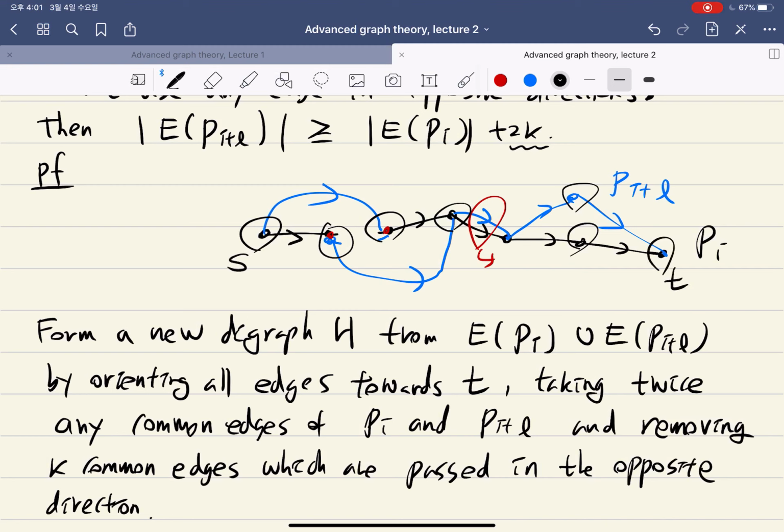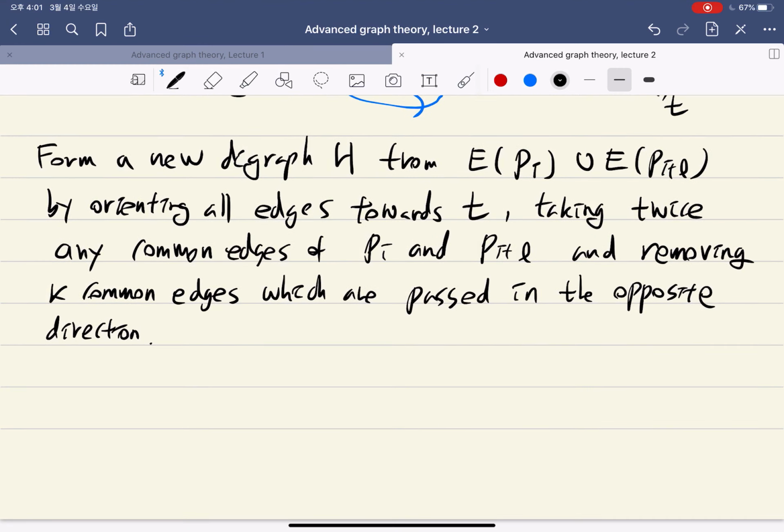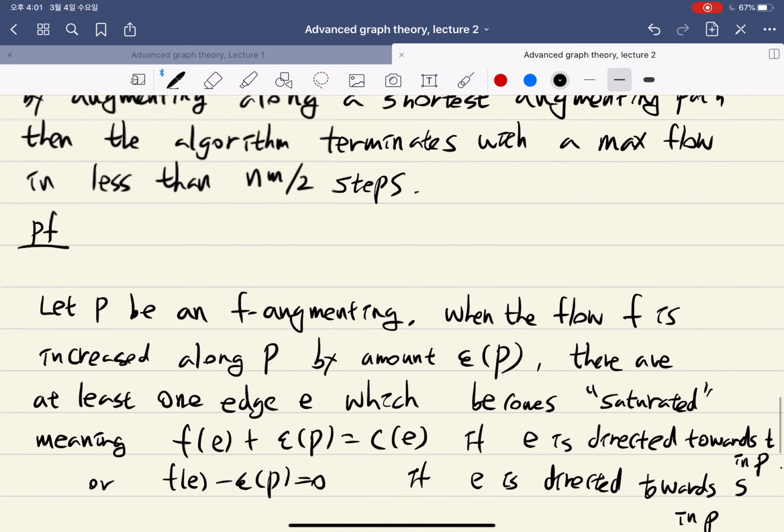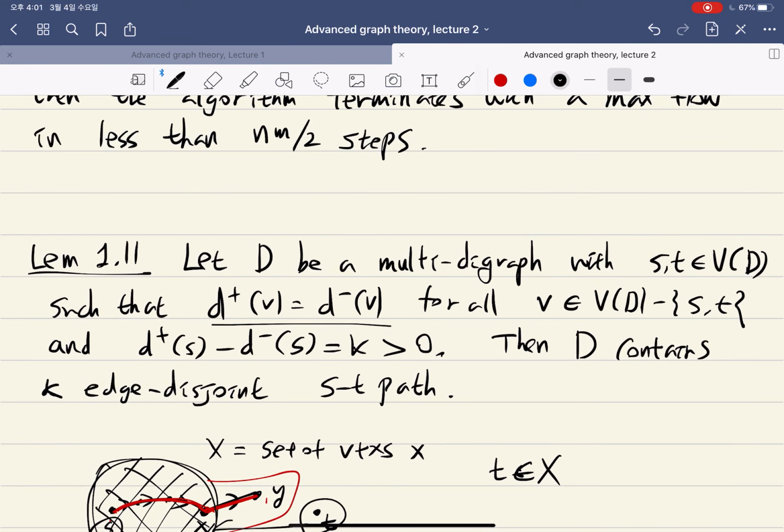On T, its in-degree is bigger than out-degree by 2. So we may use Lemma 1.11 because all the internal vertices have the same out-degree and in-degree, and the source has a larger out-degree than in-degree by 2.